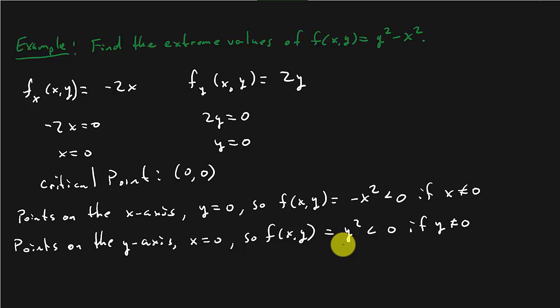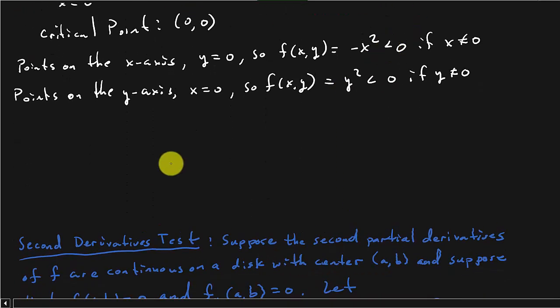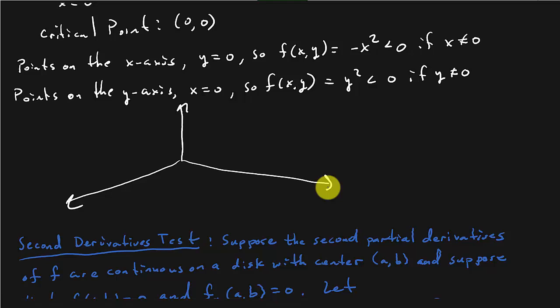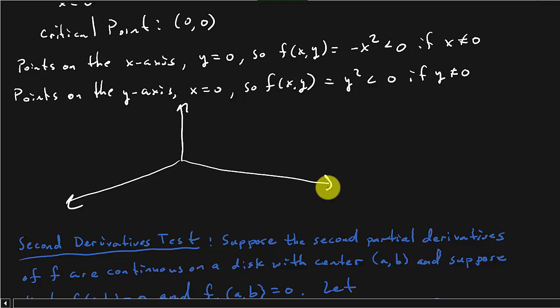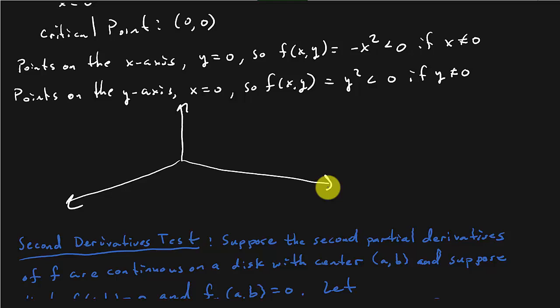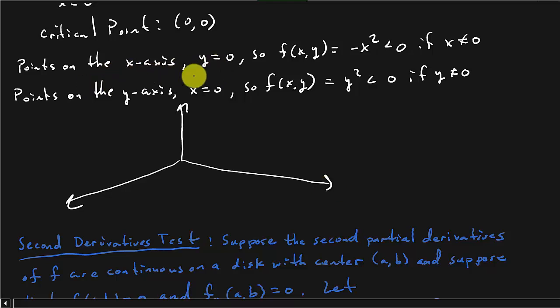Now, so what we're doing here is I'm not going to be able to draw this worth a flip, but let me see what I can do. If I'm looking at points on the x-axis, okay, the x-axis continues that way.